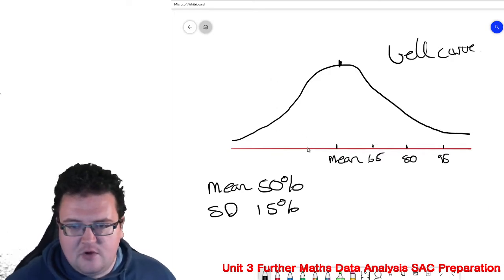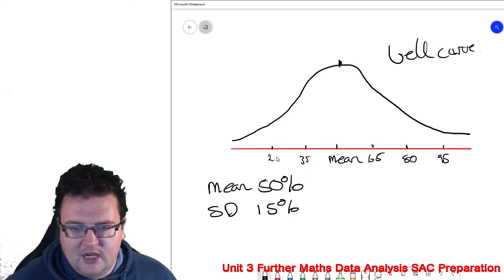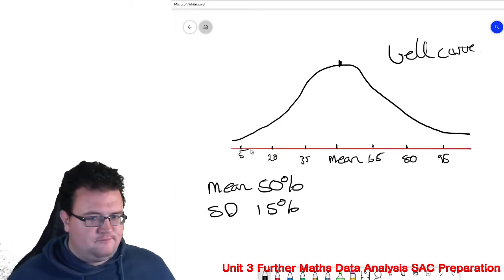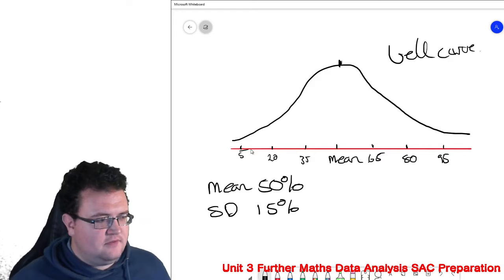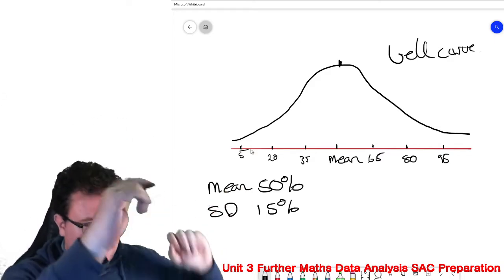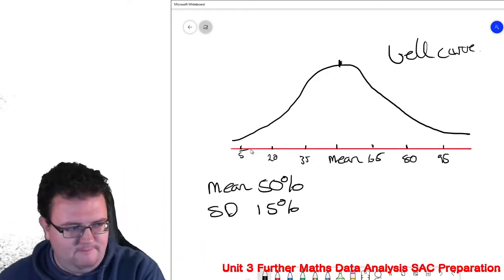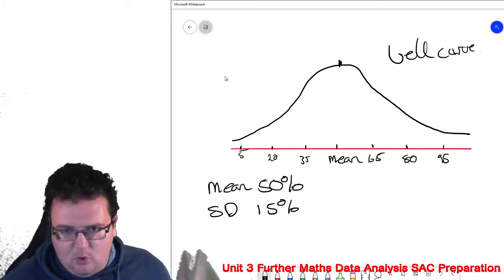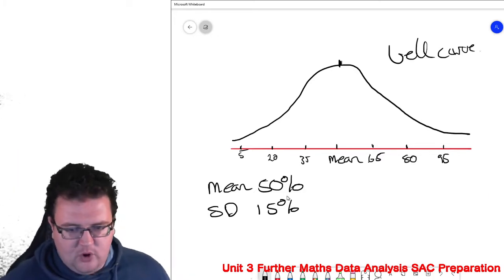And if I want to go down, I'm going to go down by 15s. So that's going to be 35, 20, and then 5. Obviously, this is imprecise, but the point will still make sense.